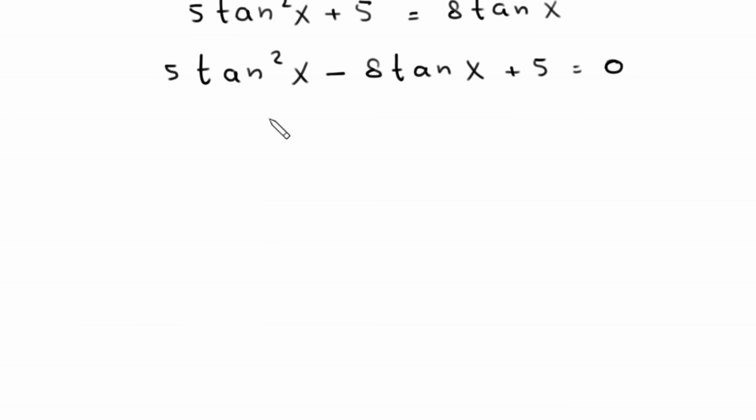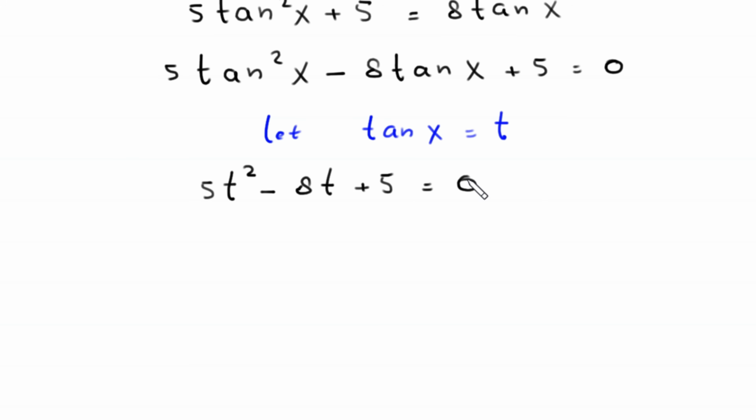Now we suppose that tan of x equal to t. So this equation will become 5 times t squared minus 8 times t plus 5 equal to 0.